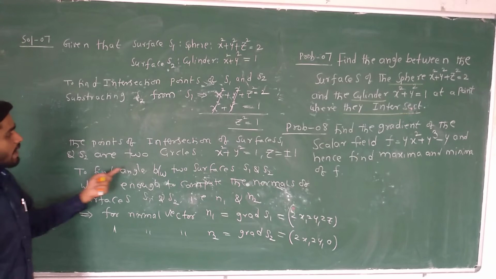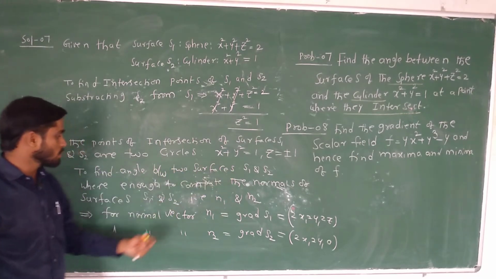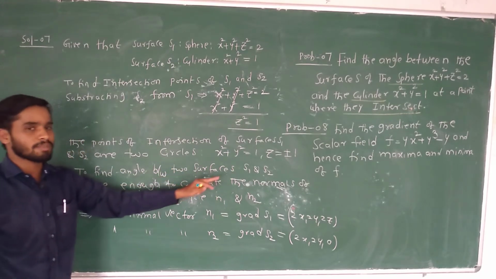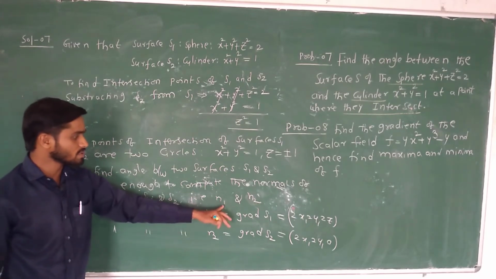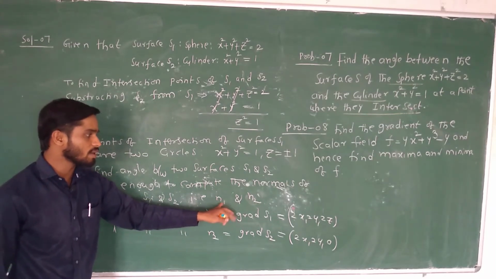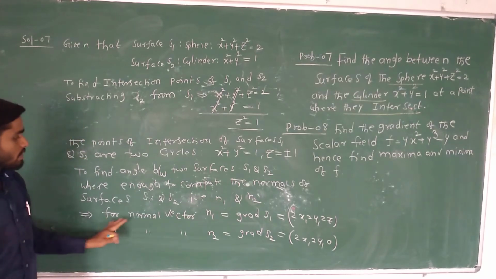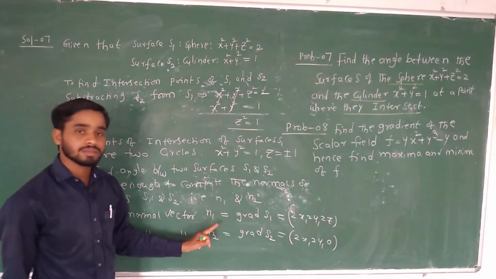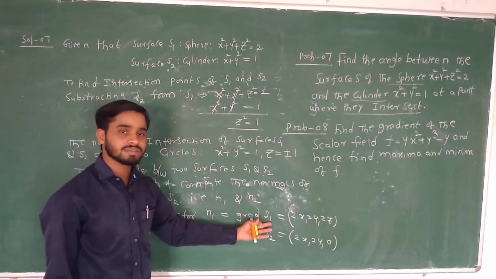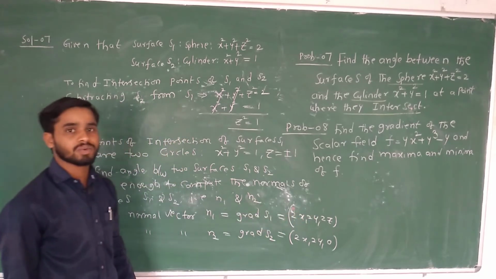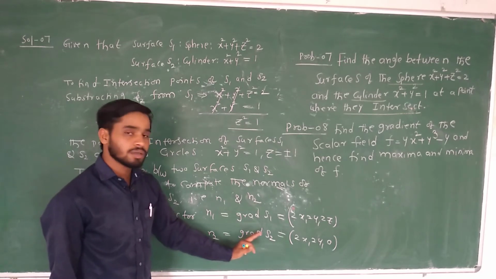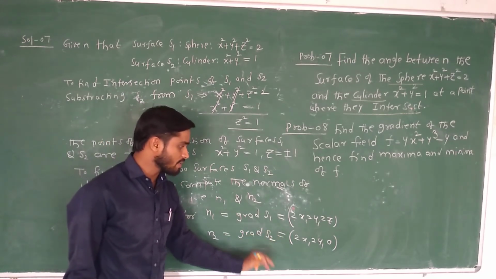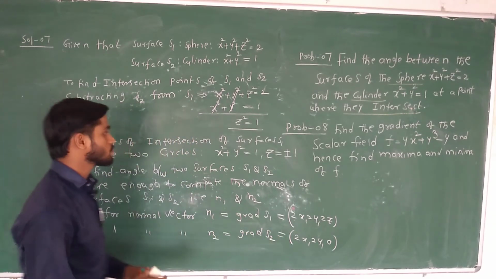To find the angle between the two surfaces, it is enough to compute the normals N1 and N2. For N1, the gradient of surface S1 is 2x, 2y, 2z. For N2, the gradient of the second surface is 2x, 2y, 0.